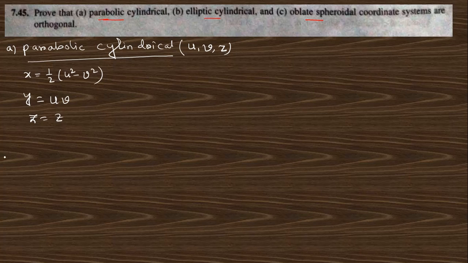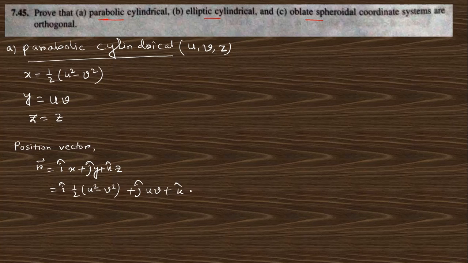So the position vector can be written as r vector is nothing but i cap x plus j cap y plus k cap z. Just put in i cap x is half of u square minus v square, j cap y is uv, and k cap z is z.